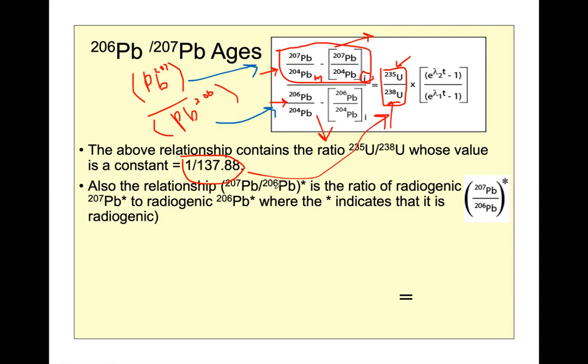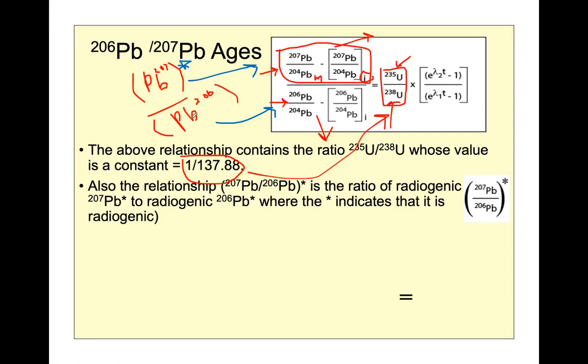So in isotope geology, to denote the radiogenic amount, we put a star here. If you see anything with a star, it indicates the radiogenic production.